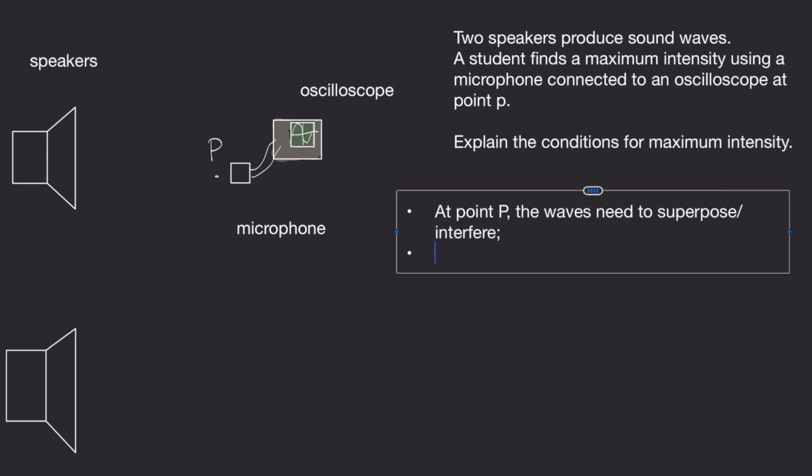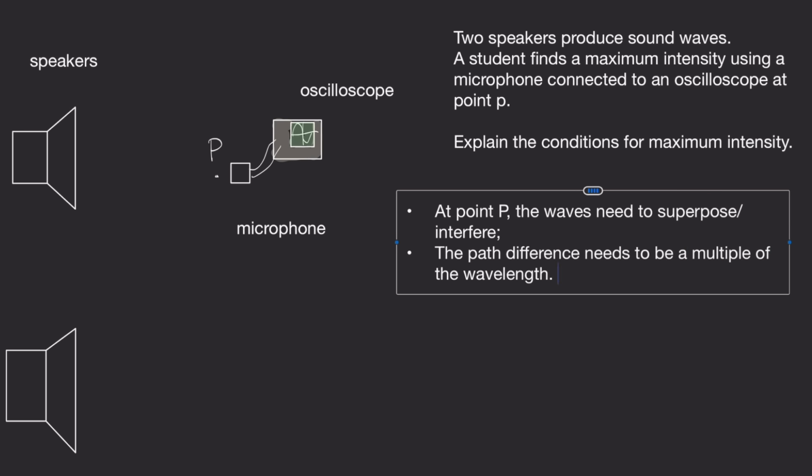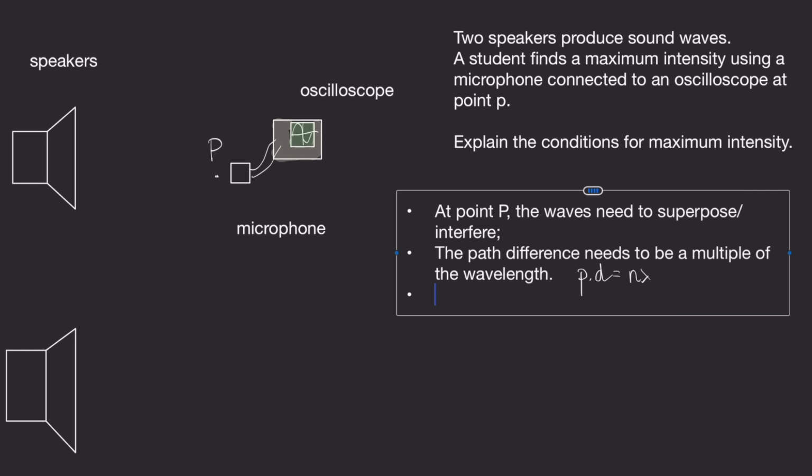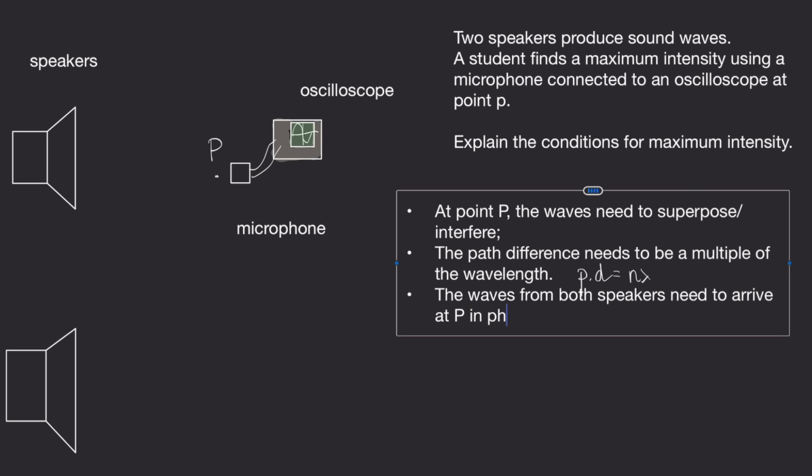Let's start off with path difference. We could even write down an equation for it, and we can say that path difference, I'm going to write PD for now, is equal to n lambda. The other PD that we need to comment on is the phase difference. So the waves from both speakers need to arrive at P in phase.